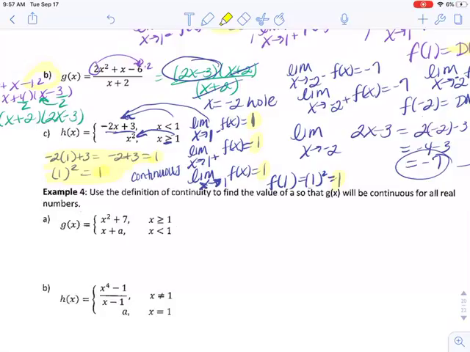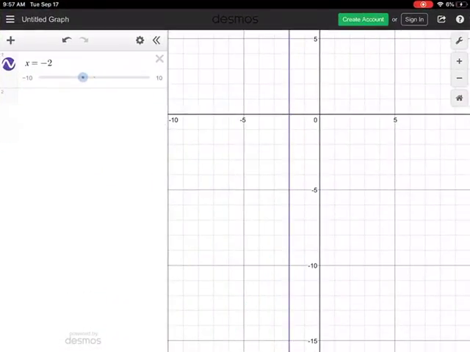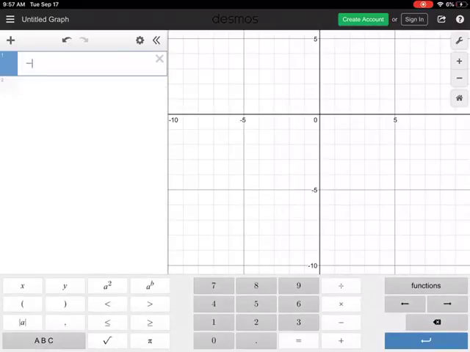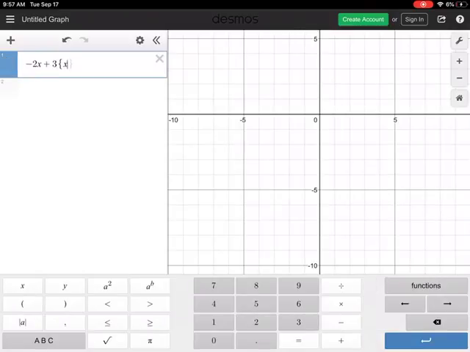All right, let me show you a visual of this because you do need to know how to graph these. I want to show you how to graph it in Desmos. So -2x plus 3 and x squared. So I will type -2x plus 3. And then you put your restrictions in braces. So this is where x is less than 1.